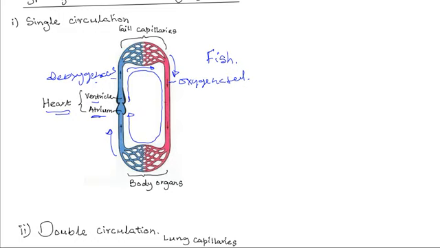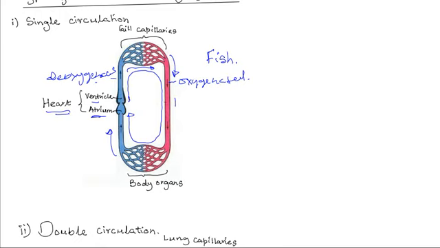Now, the main problem with this type of circulation is that pressure falls considerably as blood flows through the gills, such that by the time the blood gets to the body tissues, it is under very low pressure.